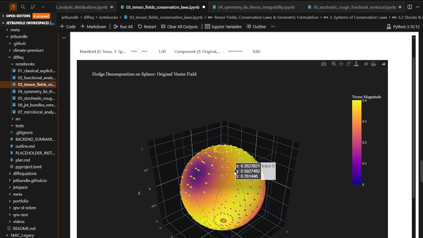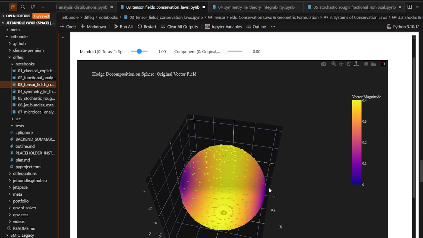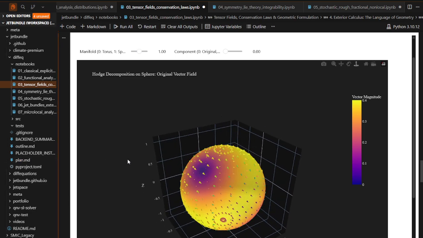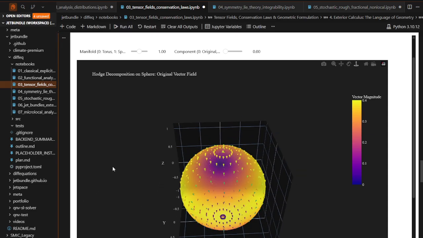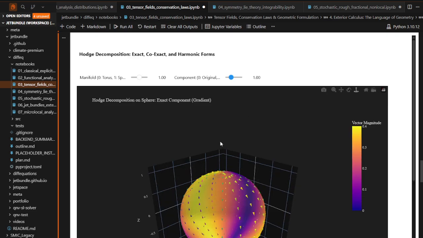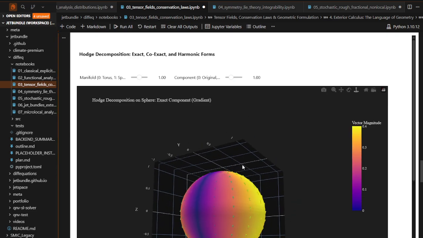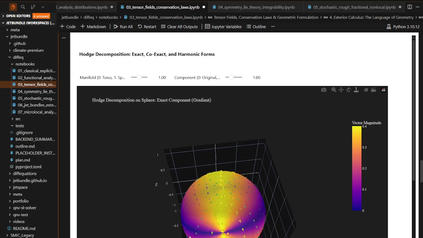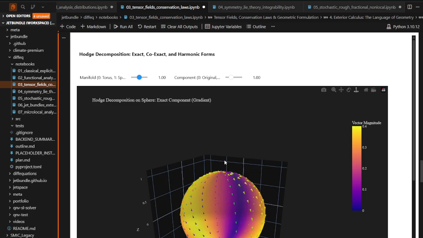So if we look at the original vector field on the sphere, the sphere is endowed with a metric, and we can decompose the field into its exact form. What does the exact part look like? It looks gradient-like, right? It looks irrotational. There's no rotation happening in the exact part.